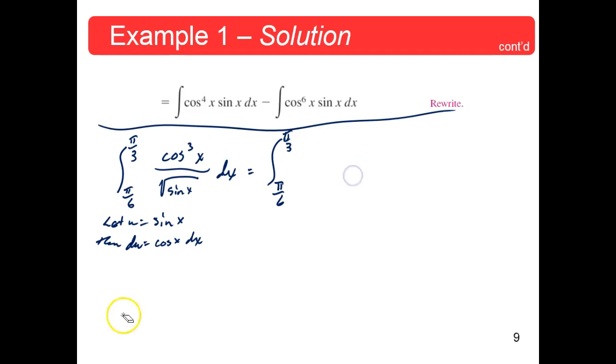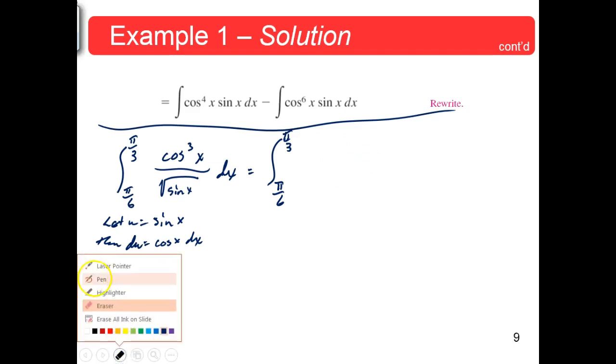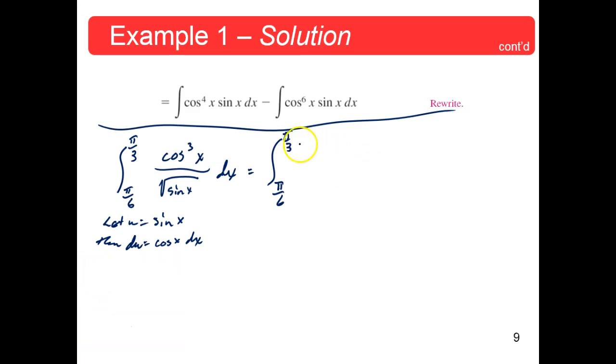So I'm going to erase some of that and have you redo it for me. I'm going to put the cosine squared x here and the cosine x dx there, okay? Now, how would you think I might want to write that?